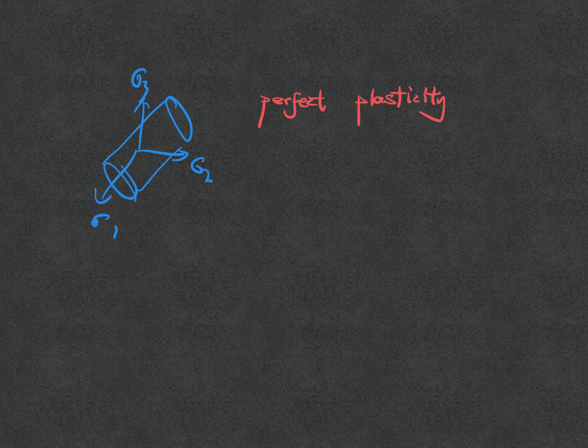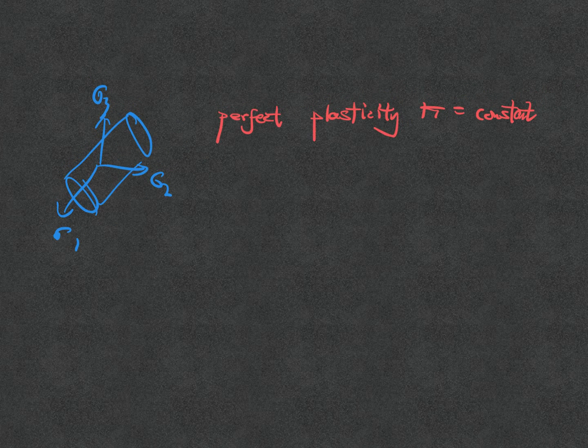Perfect plasticity simply means that k is equal to a constant, and like I said before, doesn't depend on lambda or the plastic strain change.